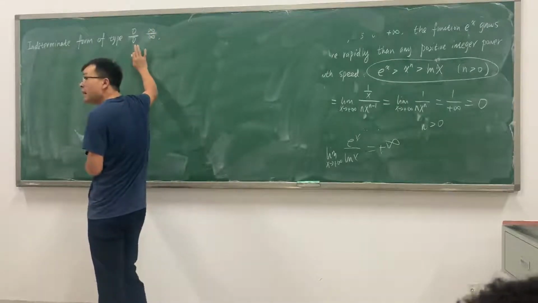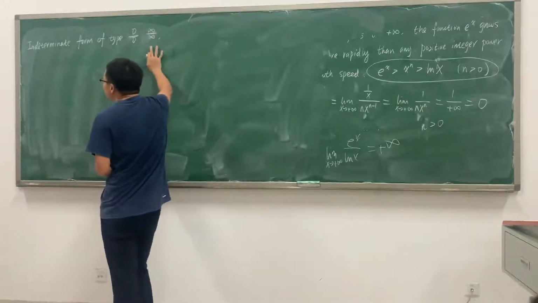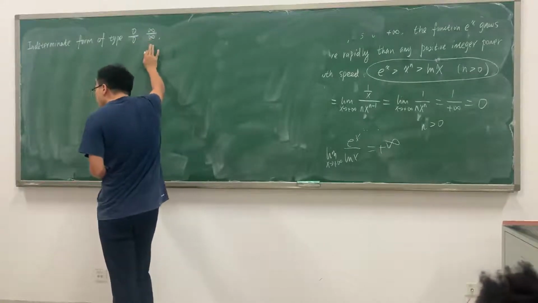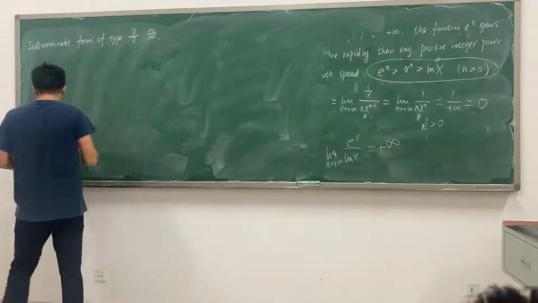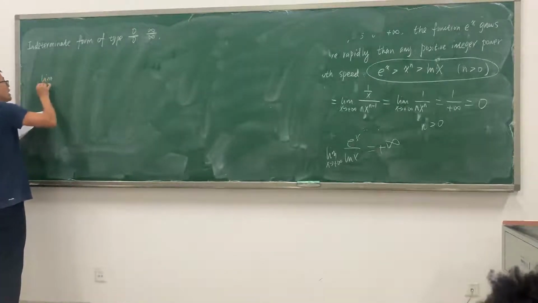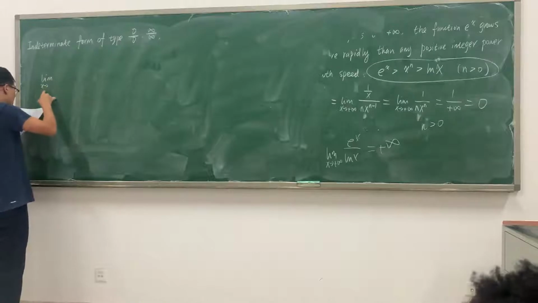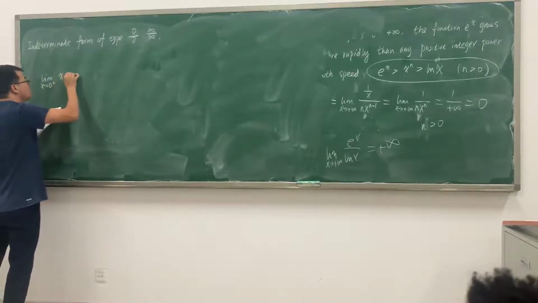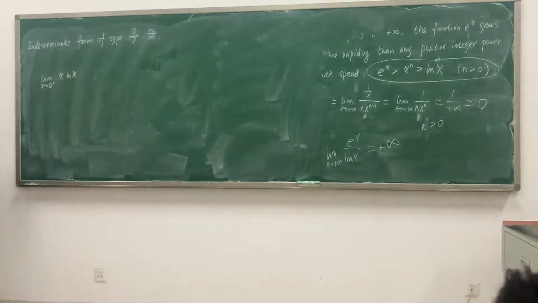So now we have studied these two indeterminate forms, 0 by 0 and infinity by infinity. Actually we have the third, for example, for this limit: the limit as x approaches 0 from the right of x times ln x. Let's see this limit.